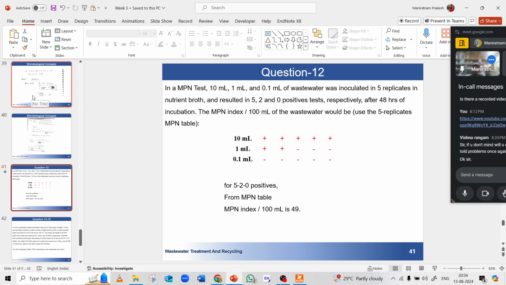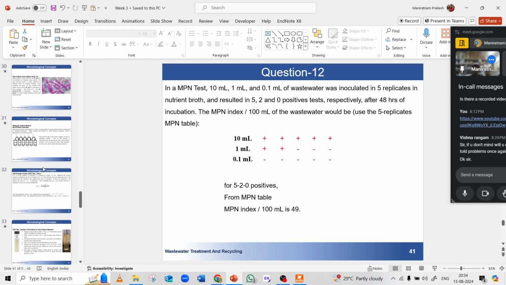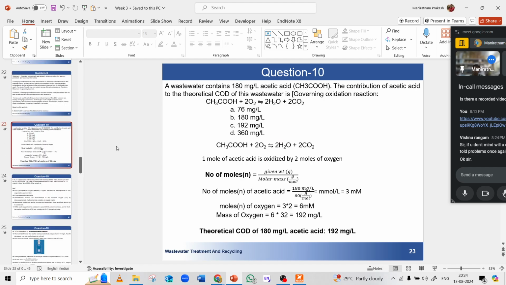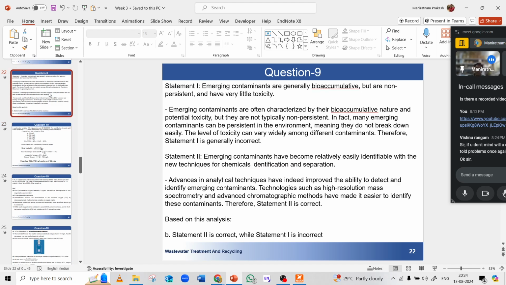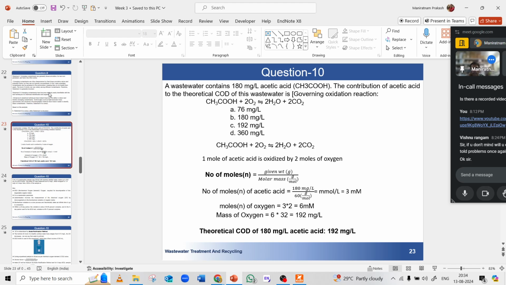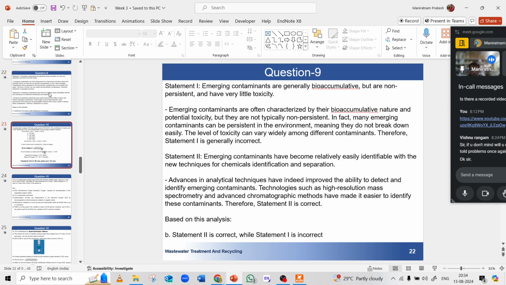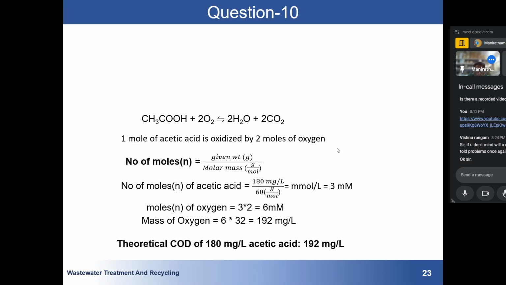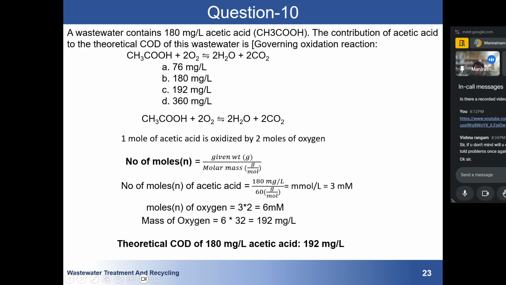So this was the question related to MPN. Prior to that question, I solved one BOD question. I am recapping the first question, which was discussed prior to this one. The first question was that a wastewater contains this much acetic acid.